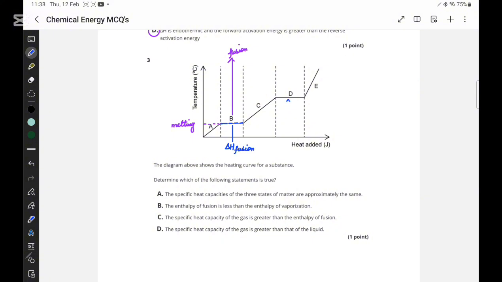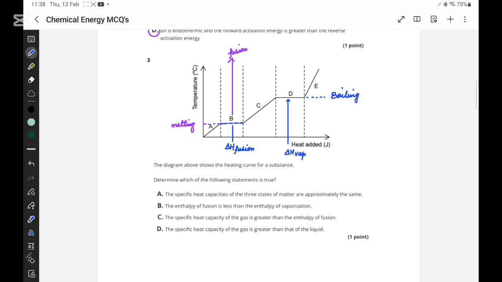And this place is representing the enthalpy of vaporization, because boiling is happening at this point.